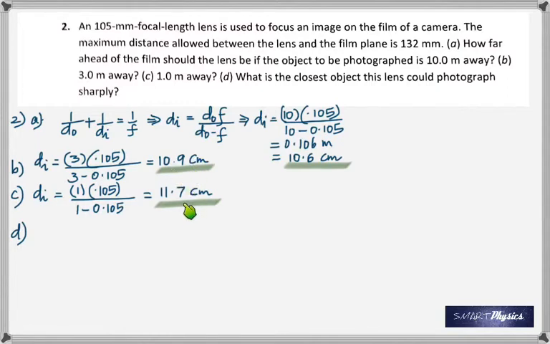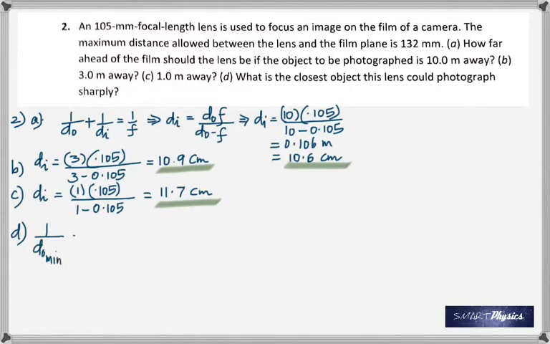And then when the object is really close, 1 meter away, it's 11.7. So this is why it's easy to focus a camera, because even when the object distance changes drastically, the image distance only changes slightly. Now the D part says, what is the closest object this lens could photograph sharply?